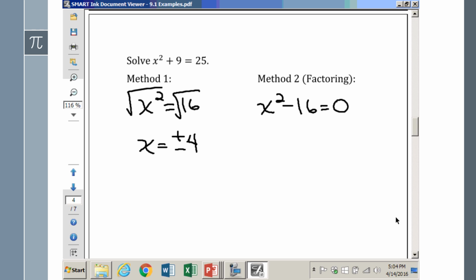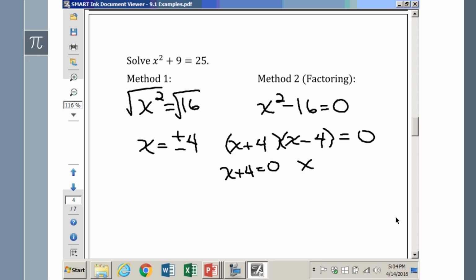This is a difference of two squares binomial. Very easy to factor. Basically, you're going to end up with x plus 4 and x minus 4. Now we set each of those factors equal to 0, and we end up with x is equal to both positive and negative 4 again.